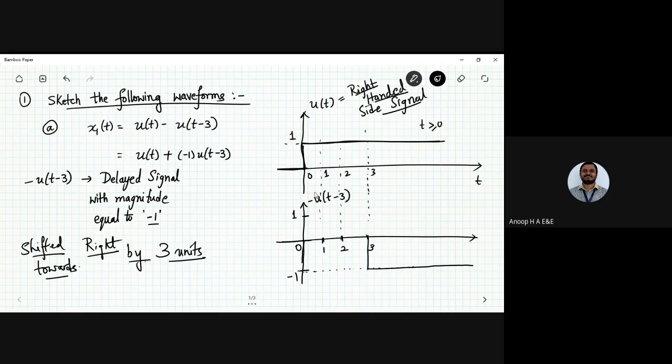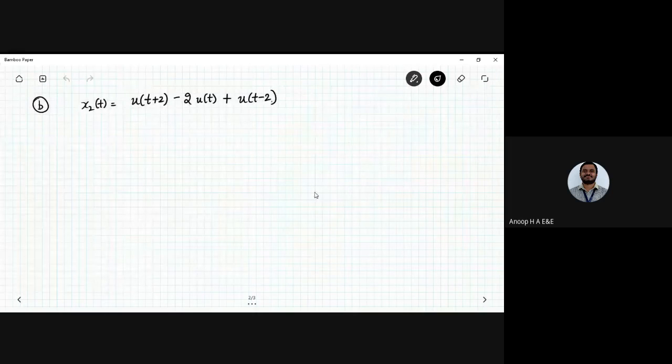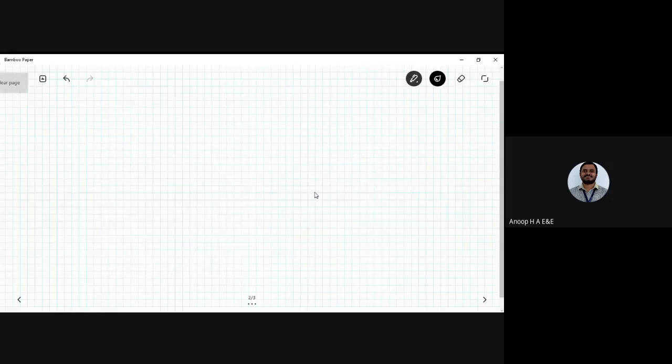If you observe carefully, for u of t and minus u of t minus 3, the resultant signal x1 of t is the sum of u of t minus u of t minus 3, that is u of t plus minus 1 times u of t minus 3.